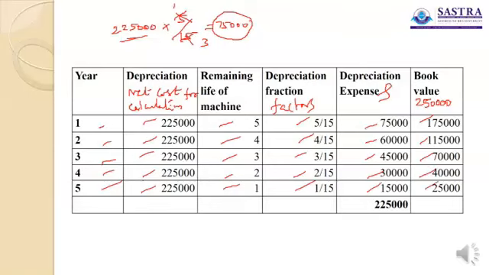So every year it has been deducted with the depreciation expense, and last year's amount is 25,000 rupees that is left out after having provided all the year's depreciation. And also the leftover amount at the end is equal to the salvage value, as we said. And this 2,25,000 is the net cost.